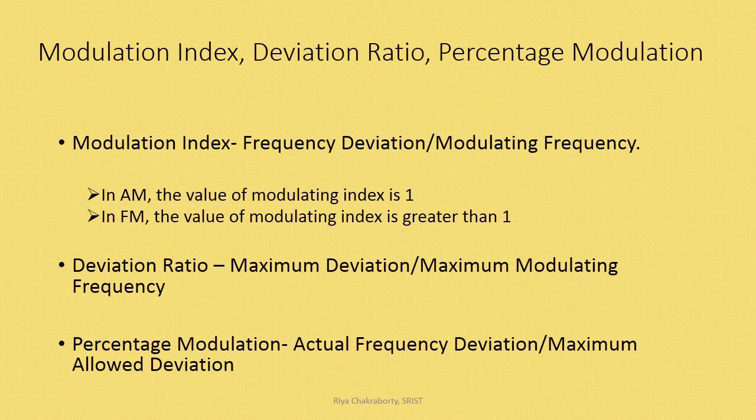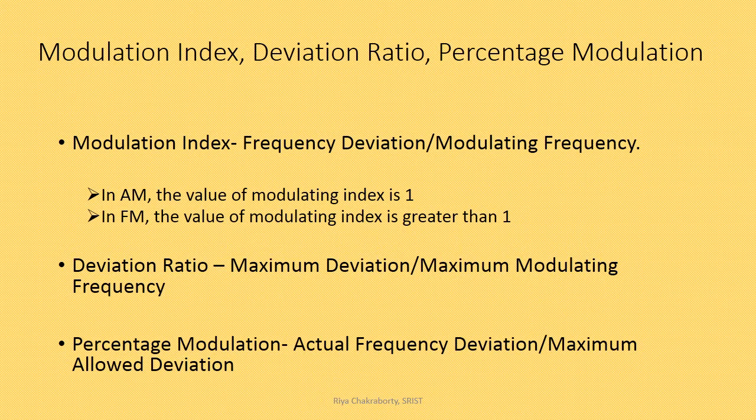Now, I am going to explain some important definitions. First, modulation index. It is very important in frequency modulation because it decides the bandwidth of the FM wave and also it decides the number of sidebands.